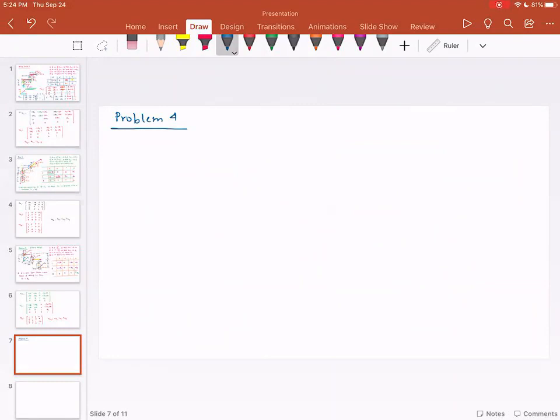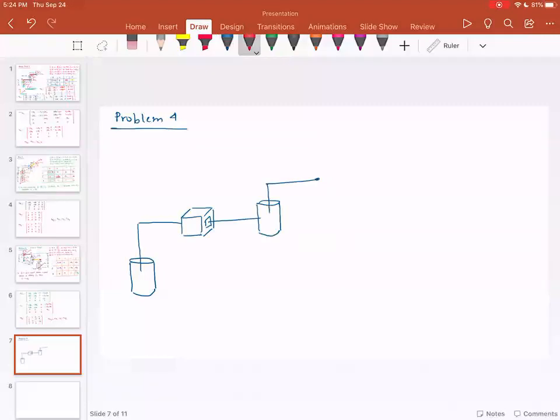Okay, let's look at problem 4. This is the same problem from your quiz. So this is my kinematic diagram. And now this is the robot.